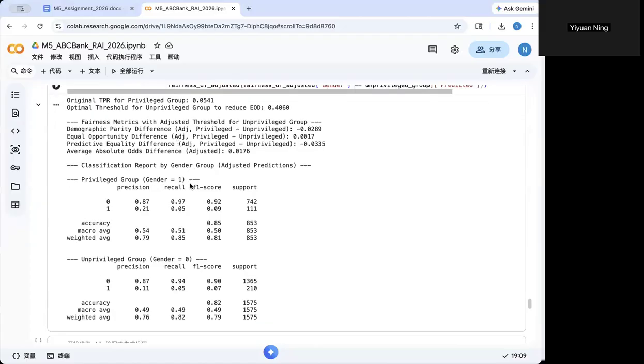After threshold adjustment, the equal opportunity difference improves significantly from 0.0255 to 0.0017, which means the recall gap between the two groups became smaller.